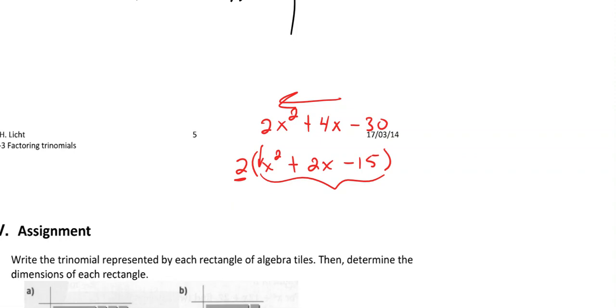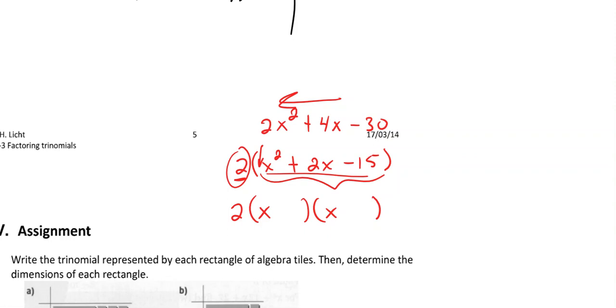So I can just say, okay, 2, and then I can just throw my brackets down. And that one gets an x, and that one gets an x. That 2 is just hanging out front. I'm just doing just this part now. Okay? And I'm looking for numbers that multiply to 15 and add to 2.